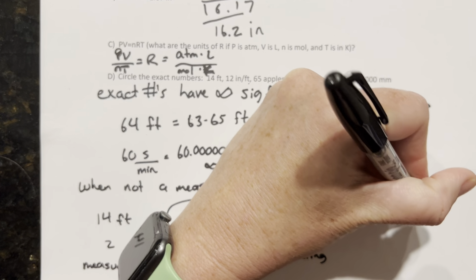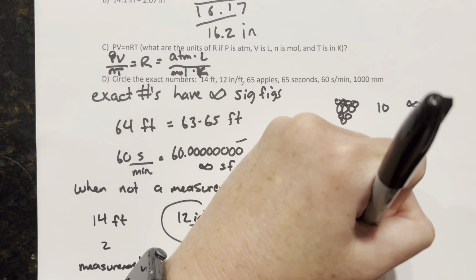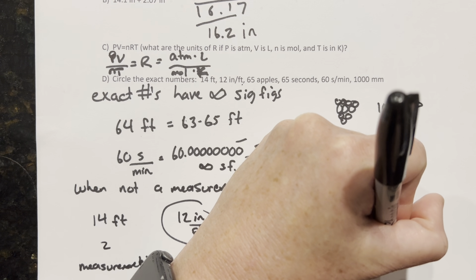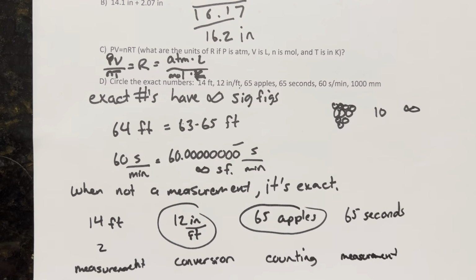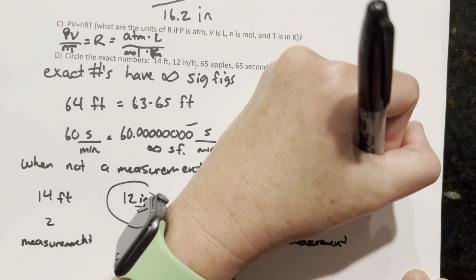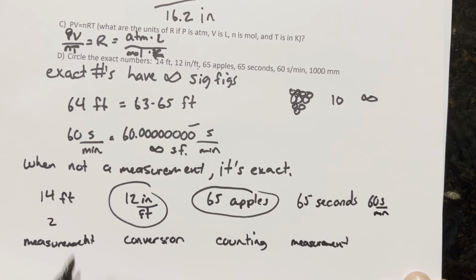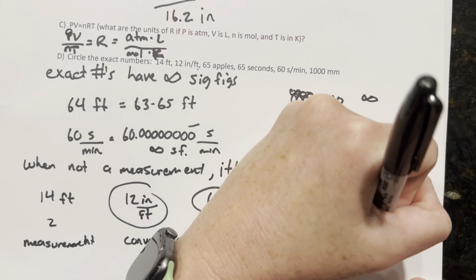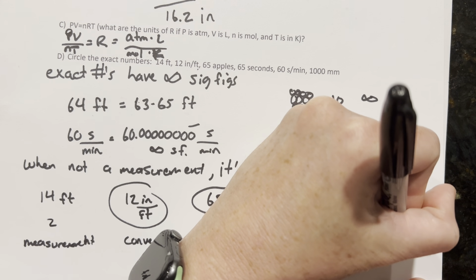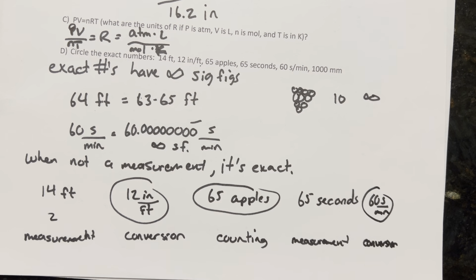We measure time, and because we measure time, this is a measurement. 60 seconds per minute. We already used that example up here. You know that this is a conversion, and it is exact. There are exactly 60 seconds per minute.